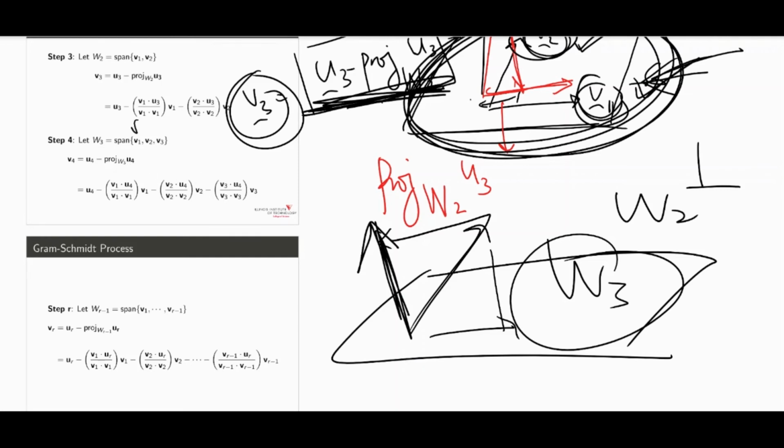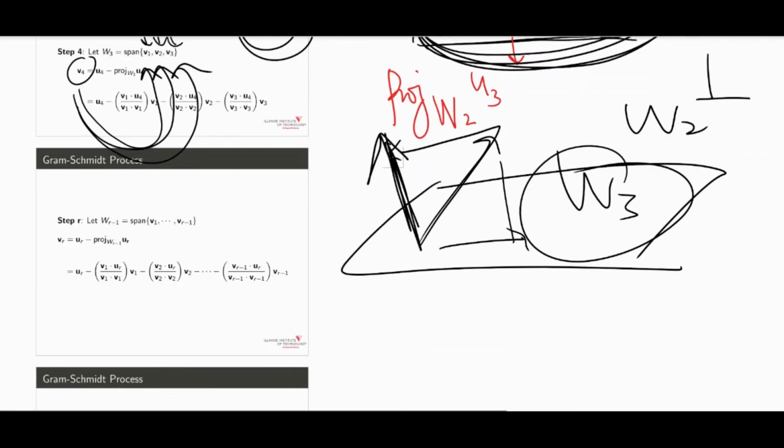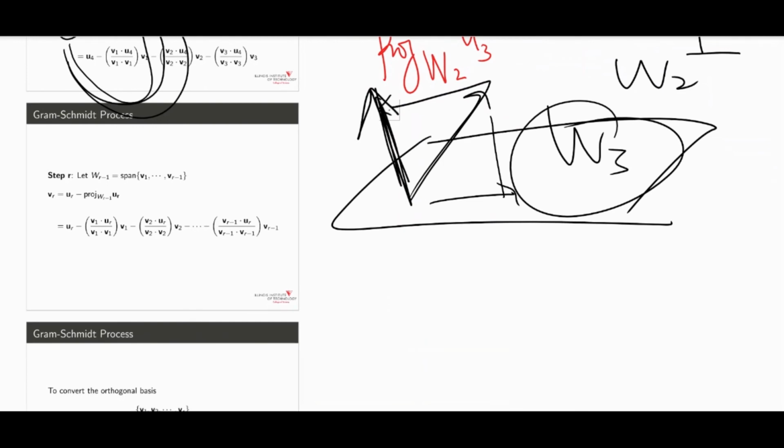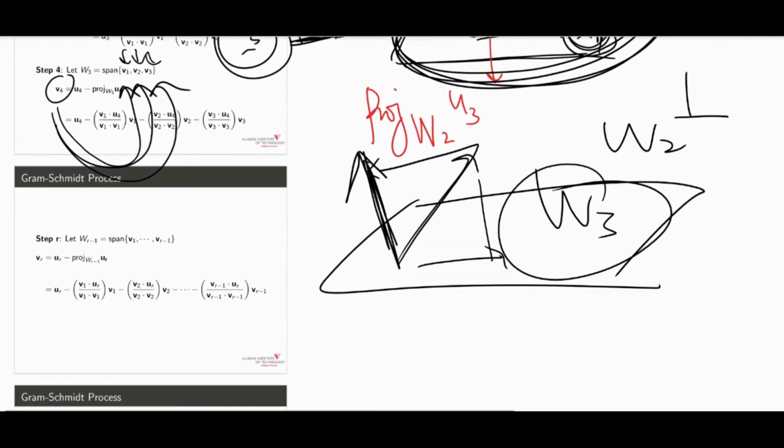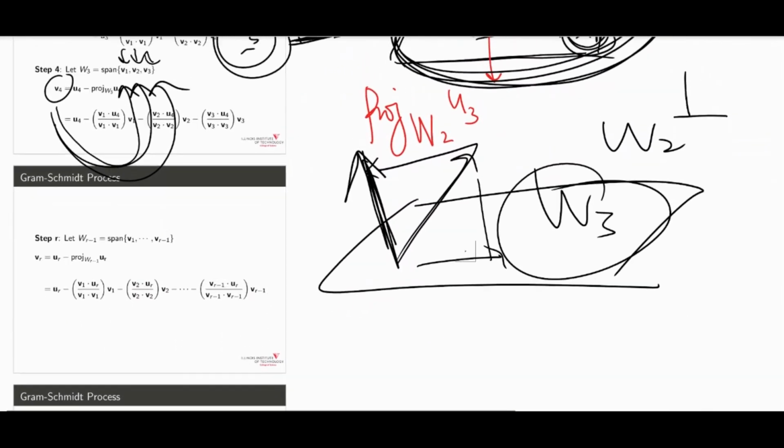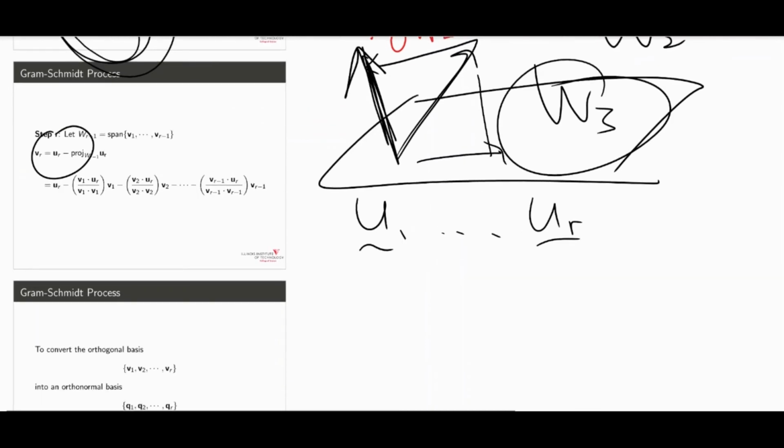And W3 has V1 and V2 and V3. And that's how we make sure that the vector we constructed will still be orthogonal to all its predecessors. So you repeat this process until you run out of vectors from the original vectors. In this example, we have U1 all the way to UR. So we repeat this process to construct V1 all the way to VR, and we stop.